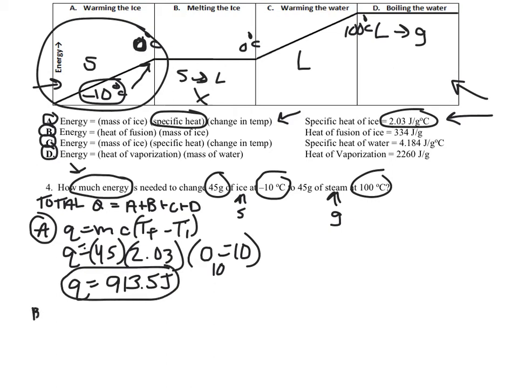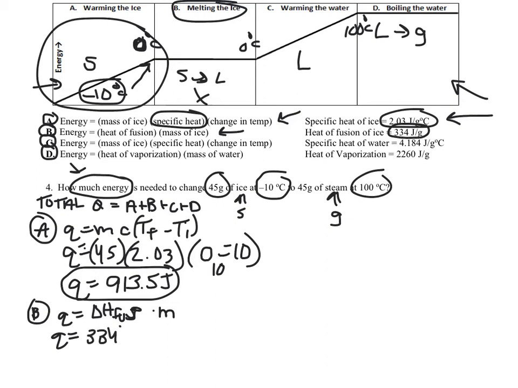Let's do part B really quick here. Part B is the melting phase, where you are going to use your heat of fusion and mass of ice. So in this case, the energy is going to be equal to the energy it takes to melt it, which is the heat of fusion, times mass of ice. And we can plug that in really quick. The heat of fusion is given to us up here. It's 334.